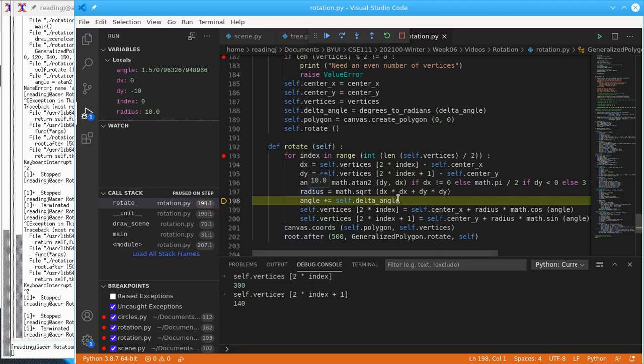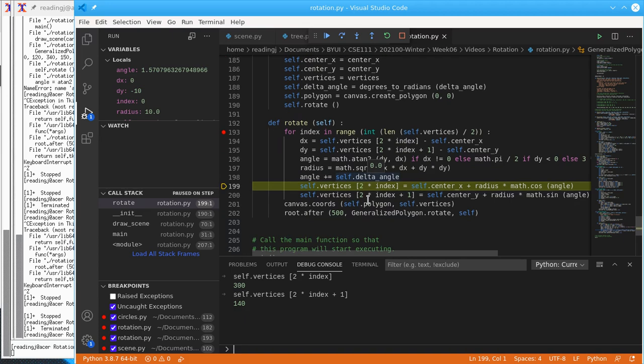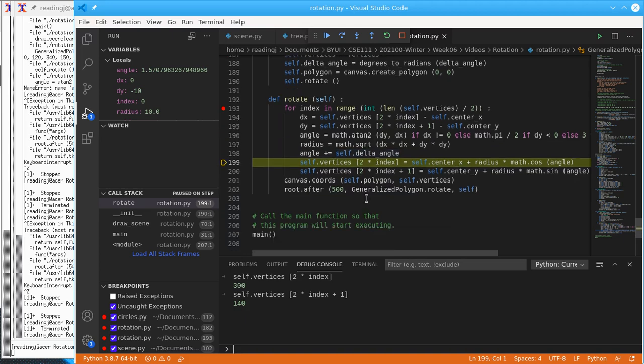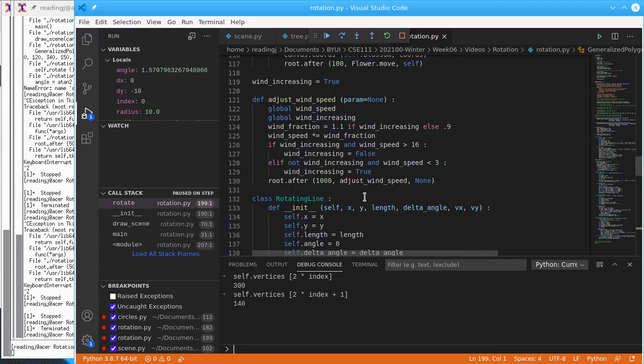Yep. And so angle now is, what is delta angle? Oh, 0. Huh. So I should have fixed that before I tried to do the rest of this.